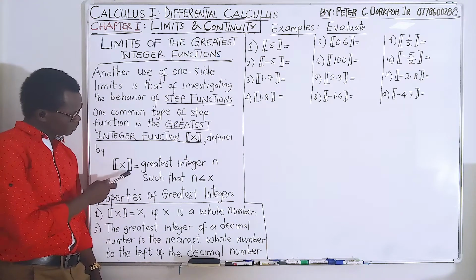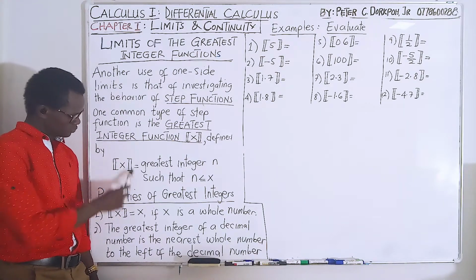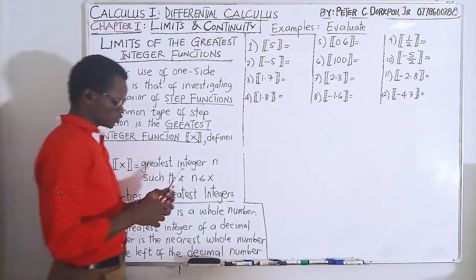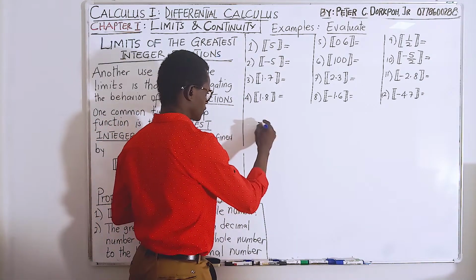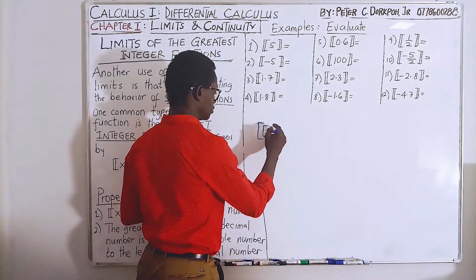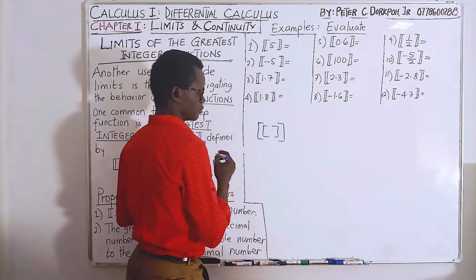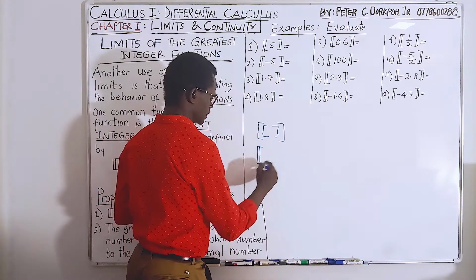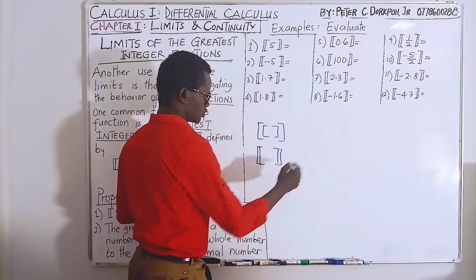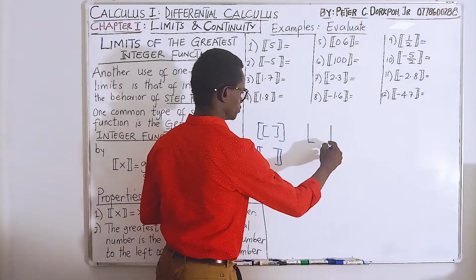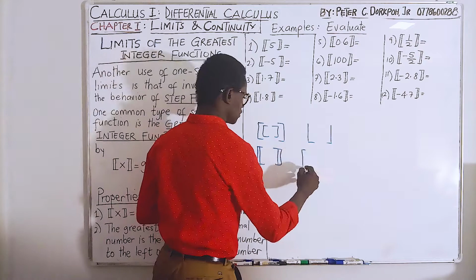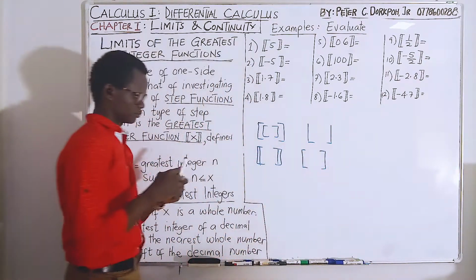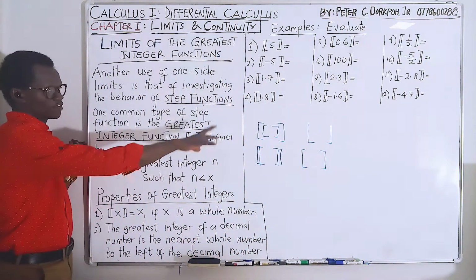This is the notation now, and in some books you will see notations like a double bracket like this. You will also see it like this, and you can also see a single bracket for greatest integer. All of them are correct.